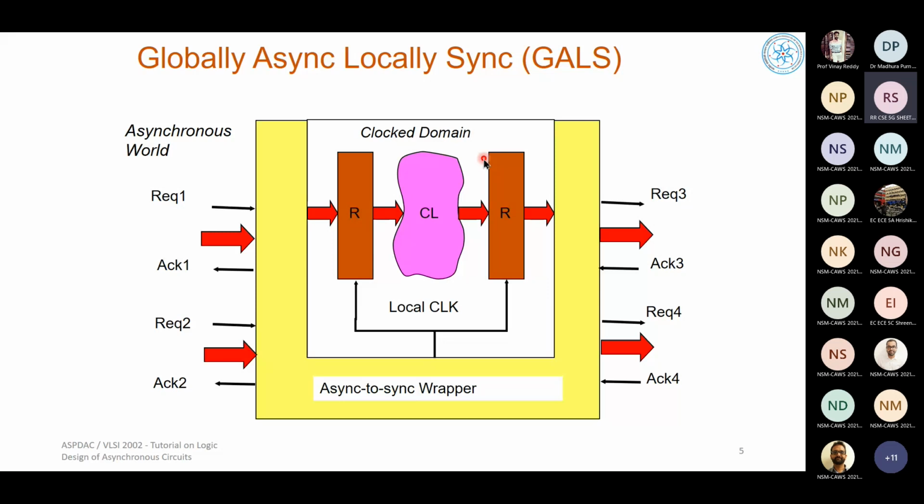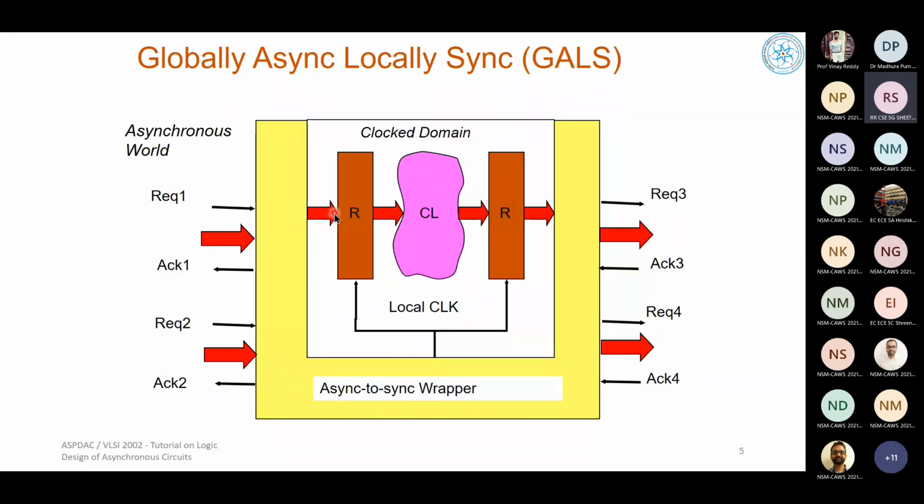That is the advantage. But what is the disadvantage? The disadvantage is that this request is now to be synchronized with this local clock. And that is where failures can happen. System failures are obviously not acceptable, right? So there is a long chain of synchronizers in this yellow box, which is the wrapper and which takes in this request, to ensure that it minimizes the failure.